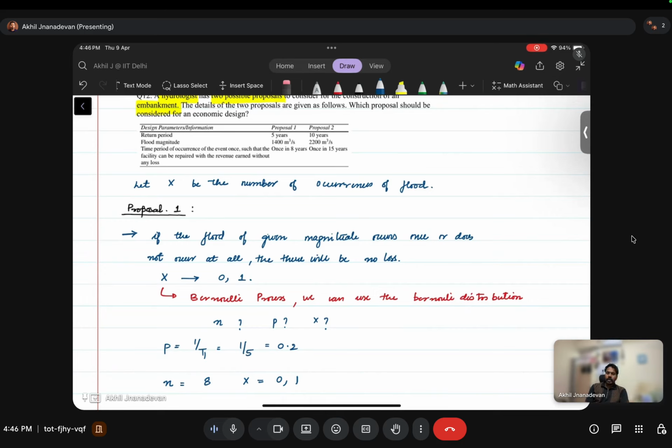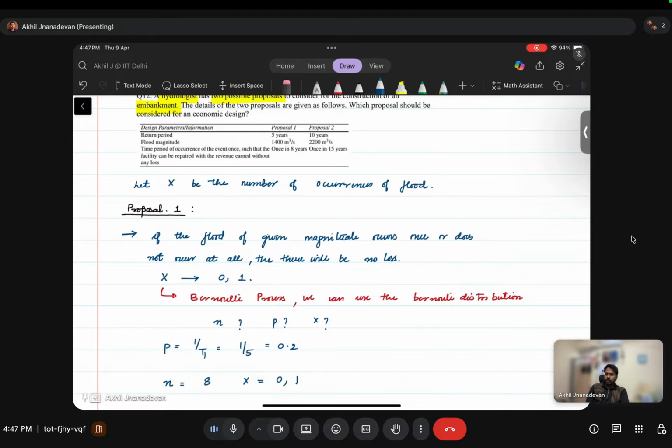So that is how we calculated: we kept the n value, and the possibility of occurrence is once. If it was said that twice in 8 years there is no issue, then we could have taken the probability of X equal to 2 also. And in proposal 2, if it was mentioned that twice in 15 years it can be covered by the revenue generated, then we would need to add the probability of X equal to 2 also.